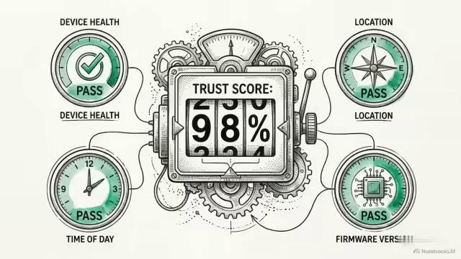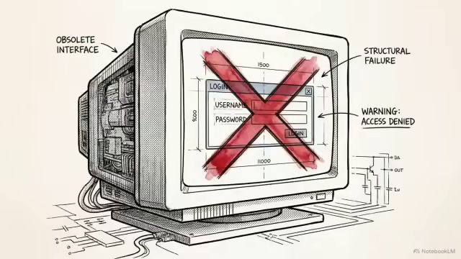To generate its authorization decisions, the PDP utilizes a strict set of criteria known as the trust algorithm. Presenting a verified username and password is no longer enough to gain entry. The algorithm evaluates the requesting asset's observable security state.